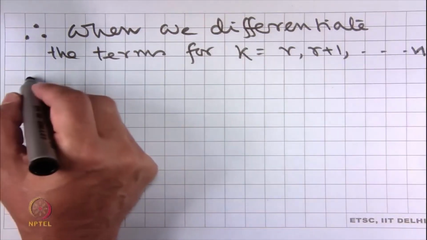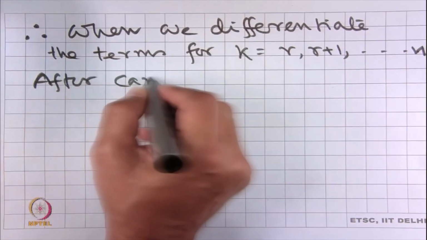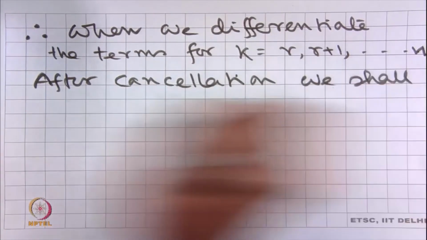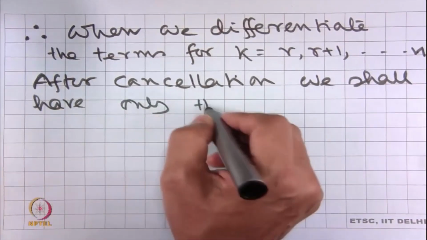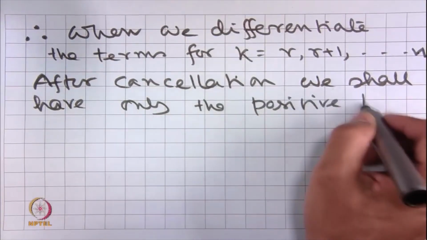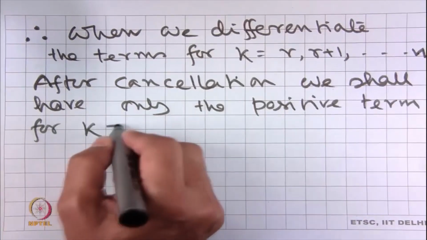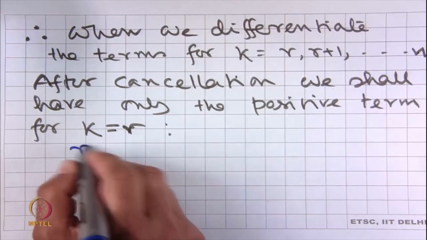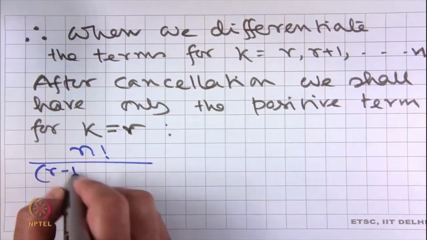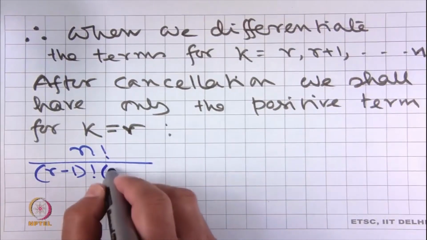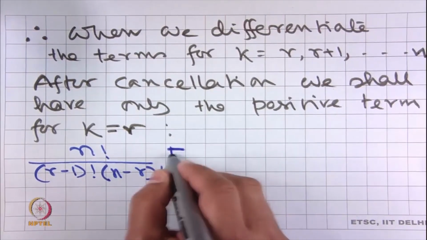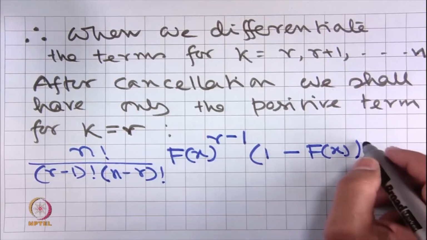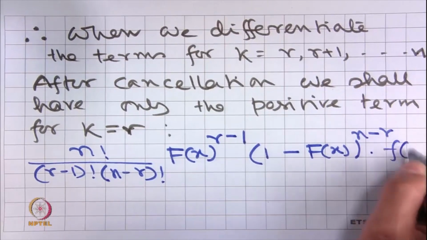So, what will remain is only the positive term for k is equal to r, which is, as we have just obtained, n factorial upon r minus 1 factorial into n minus r factorial into f(x) to the power r minus 1 into (1 minus f(x)) whole to the power n minus r into f'(x).